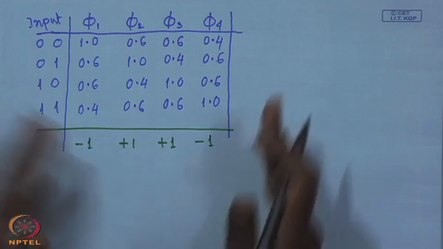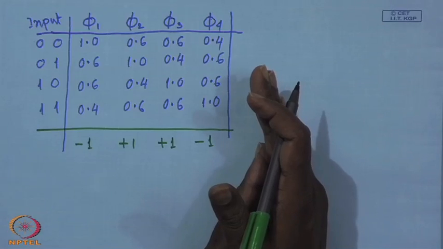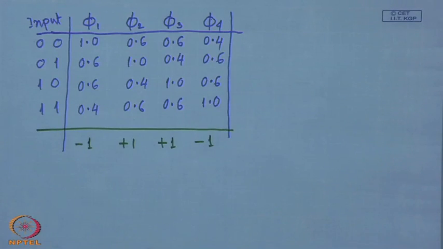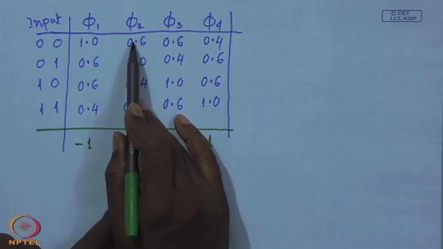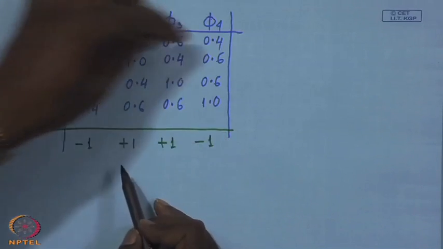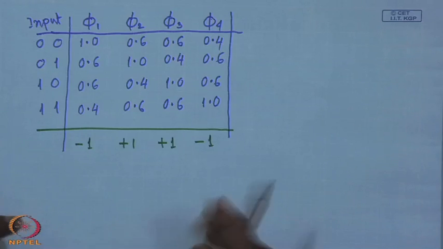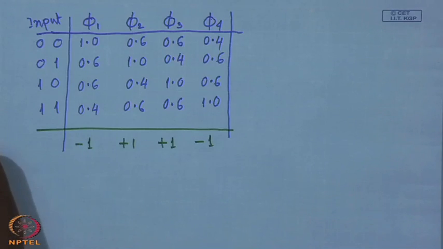So, the function that I will finally compute at a node in the output layer will be phi 2 plus phi 3 minus phi 1 minus phi 4. And if I compute this, let us see what values I get.